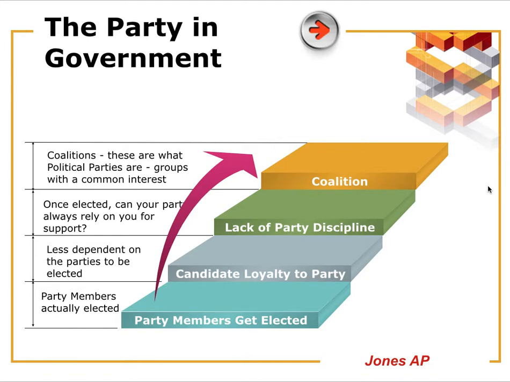These are party members that are actually elected to whatever body there are. But then it's a little bit different after that. Because of interest groups and because of PACs, the candidate loyalty to the party is not what it used to be, though it is better than it has been in the recent past.